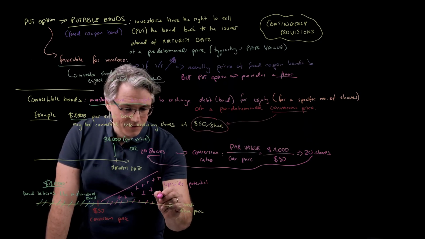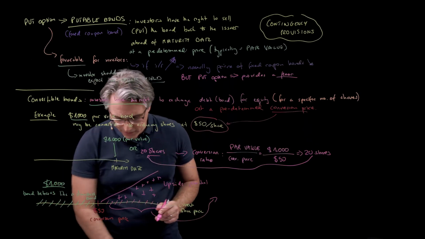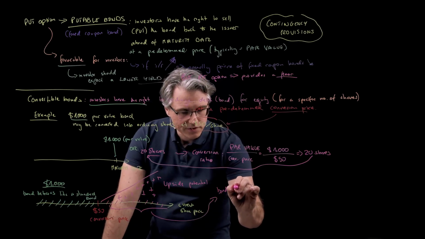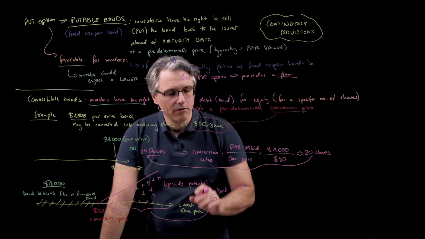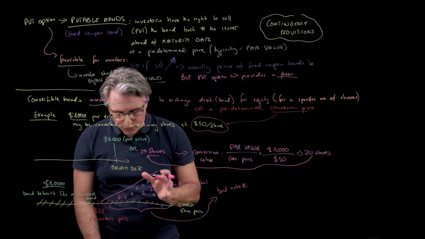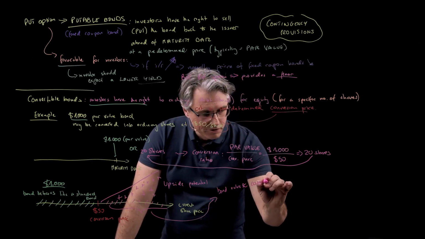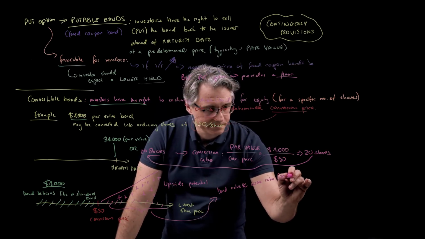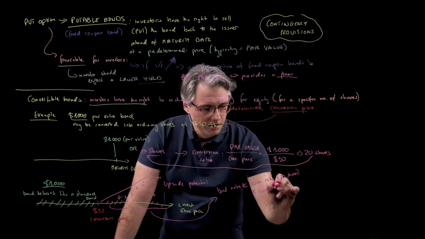And you could say that in this territory over here, the value of the bond starts to approximate, you know, it's not necessarily equal because of features of optionality, but it starts being that whatever is the conversion ratio, in our case, 20 shares times the current share price.